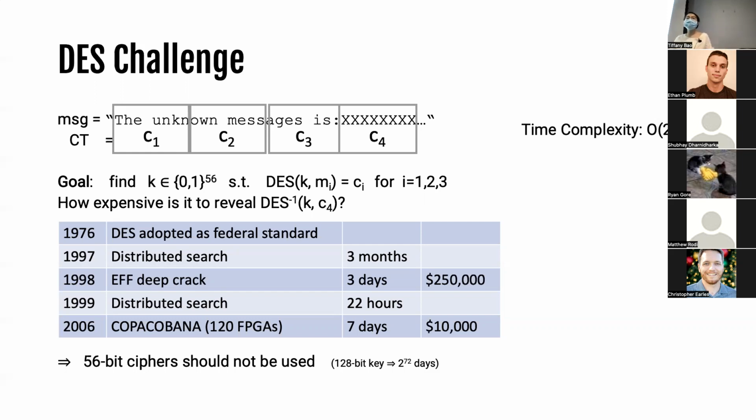Keep in mind that this is a block cipher, meaning that we cut the message into smaller pieces, blocks, and get the corresponding ciphertext for each block. Here, what we are going to do is enumerate the key. We know that the key is 56-bit, so we're going to try them one by one.